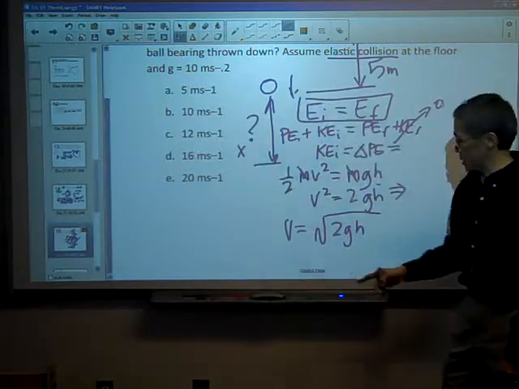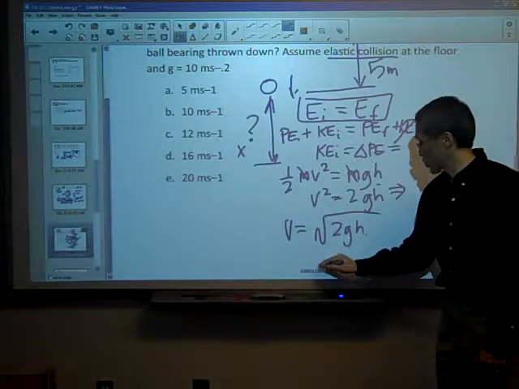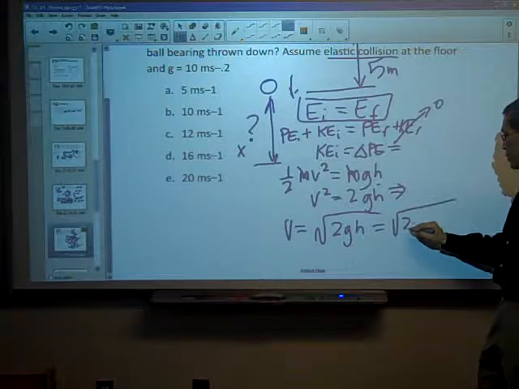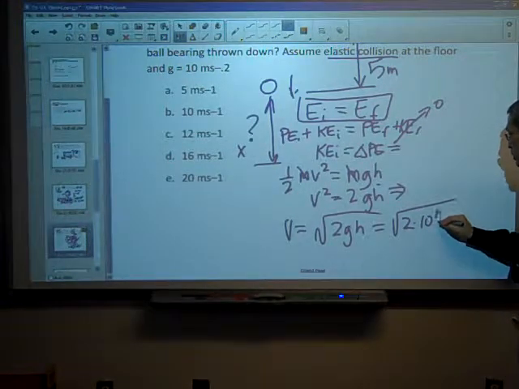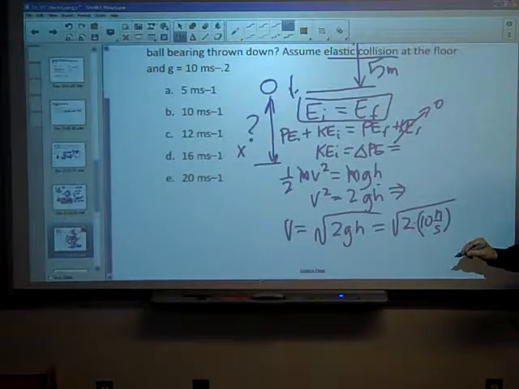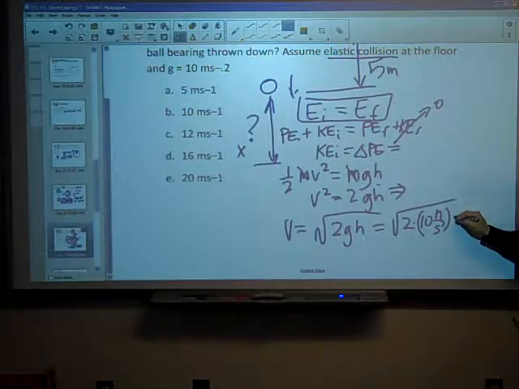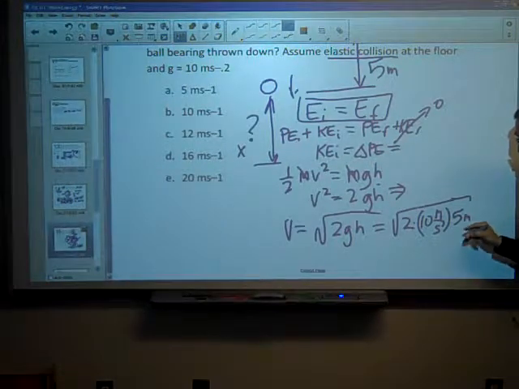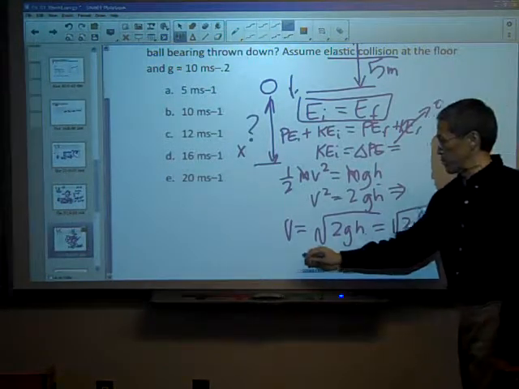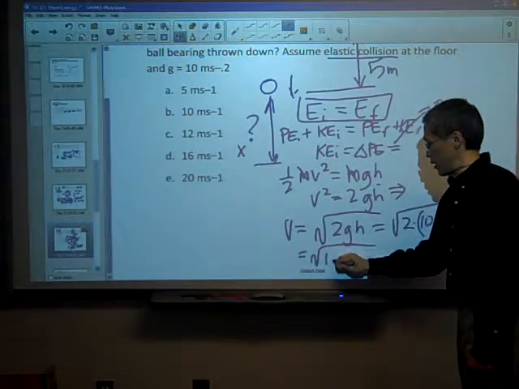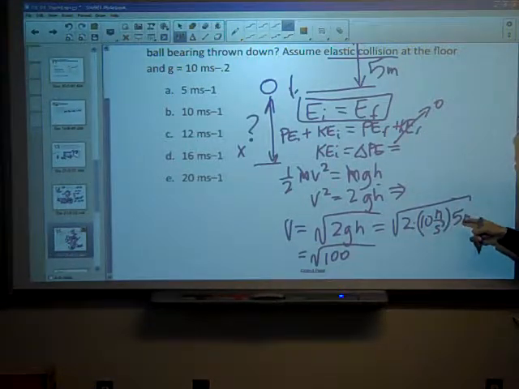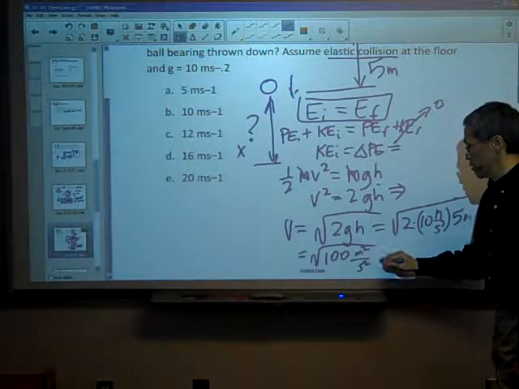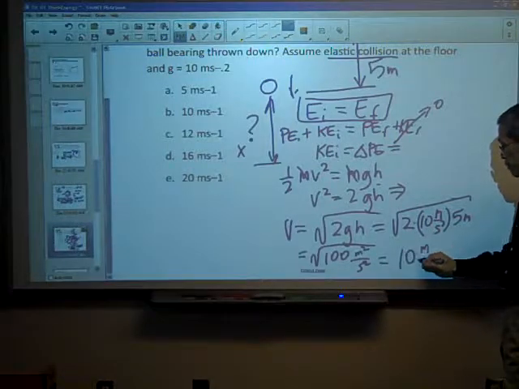If we assume, like it says, that g is 10 meters per second squared, then this becomes the square root of 2 times 10 meters per second squared times the height, which is 5. 5 times 2 is 10. 10 times 10 is 100, so this becomes the square root of 100. The units are meters squared per second squared. And this then becomes 10 meters per second.